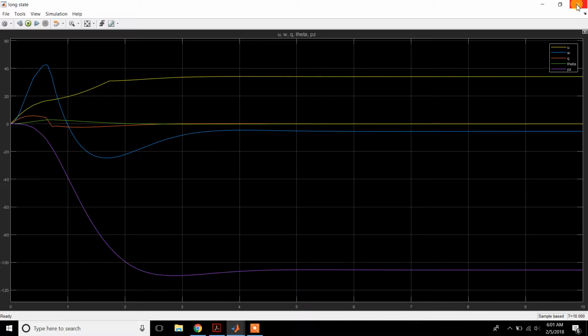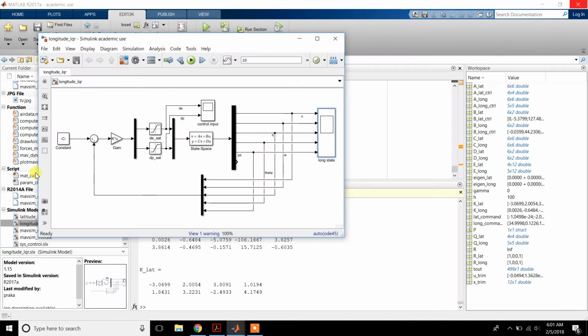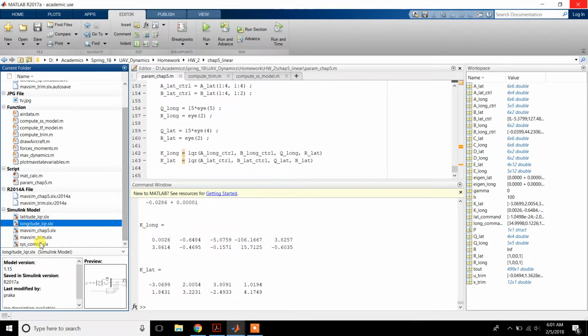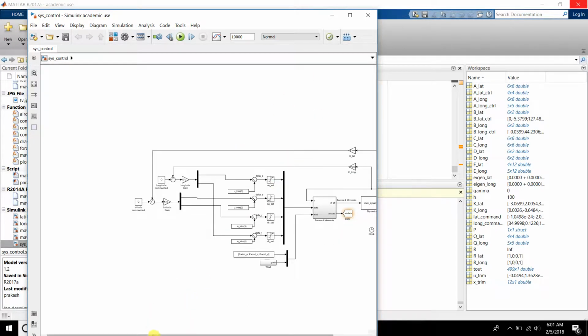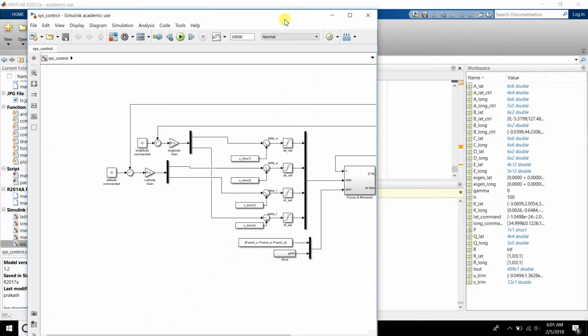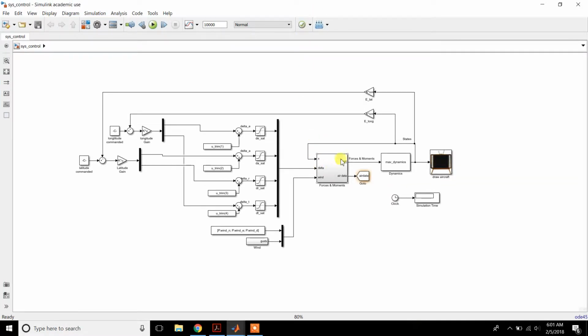Now let's see how this design fares in the nonlinear model. We'll simulate this in the nonlinear model. Again, this is the nonlinear model, and this is the control system design we have done.